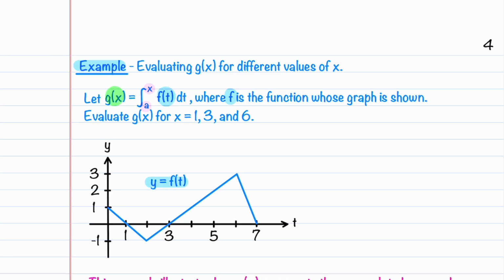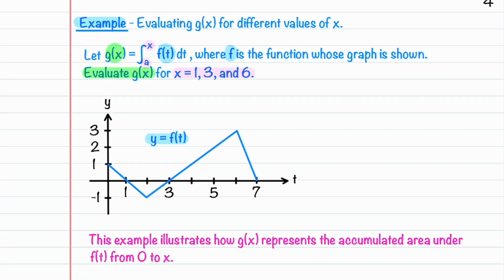We are going to find the accumulated area by evaluating g of x for the values x is equal to 1, 3, and 6. This example illustrates how g of x represents the accumulated area under our function f of t from 0 to any point x.